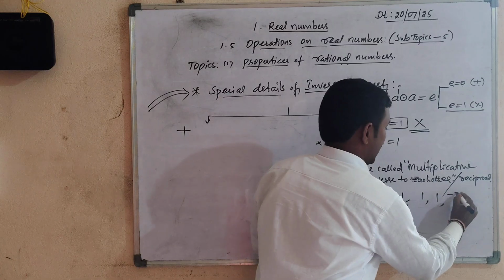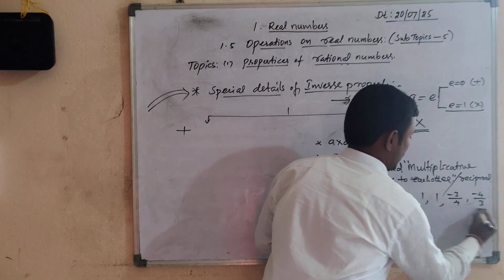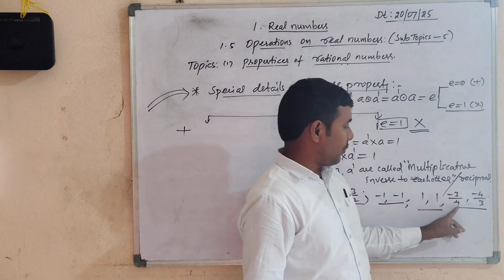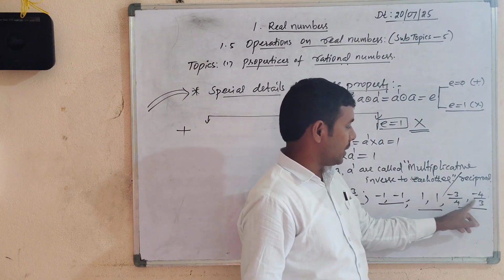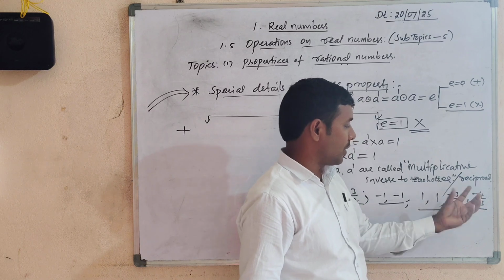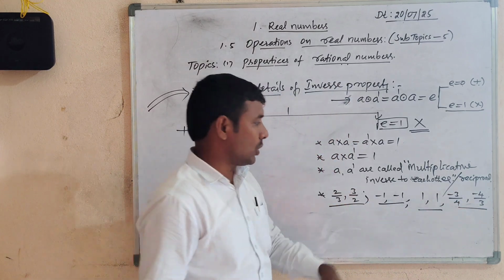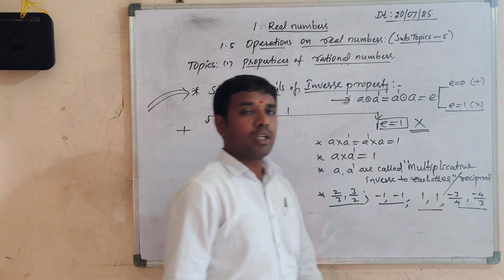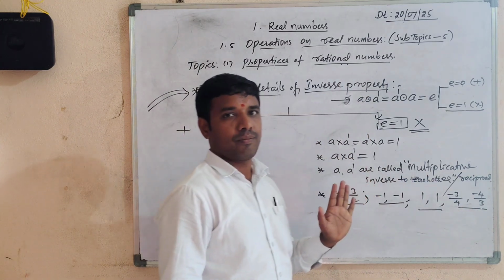Next, minus 3/4 and minus 4/3. Minus into minus becomes plus, 3 cancels, 4 cancels when we multiply. Their product is 1, so these two are called reciprocal or multiplicative inverse to each other.